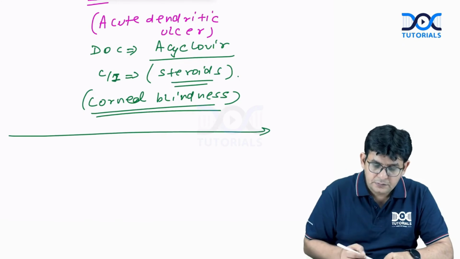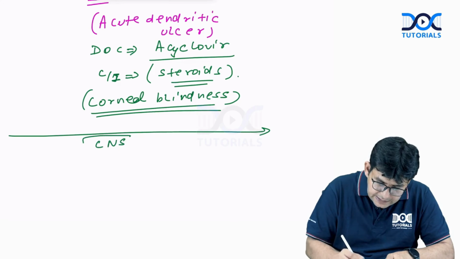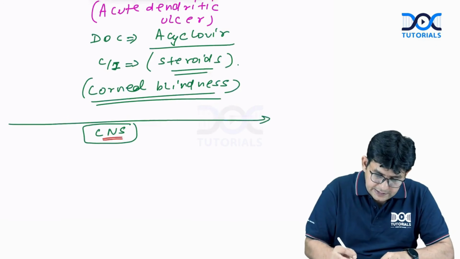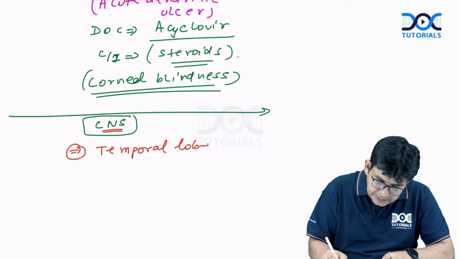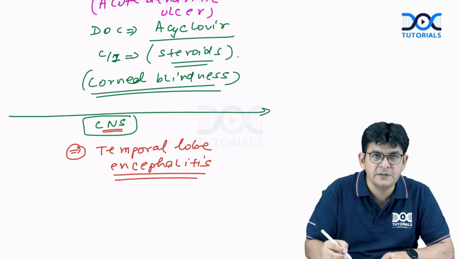Okay. Now, after the eye, regarding the CNS. In the CNS, this particular one was asked and can come again. It is associated with temporal lobe encephalitis. And how will you observe that?